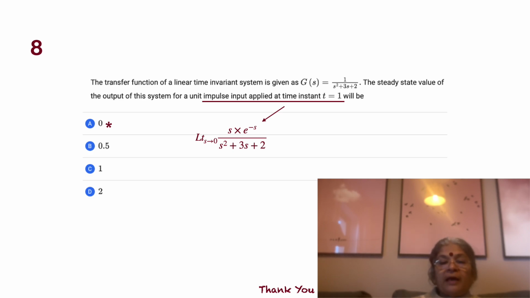So we have G(s), 1 by s square plus 3s plus 2, multiplied by e raised to minus s. Now to get the final value, take the limit after multiplying the combination by s, and take the limit as s tends to 0. So we see that e raised to minus s is equal to 1, and in the denominator we have all quantities disappearing except 2, but then the s at the top remains.